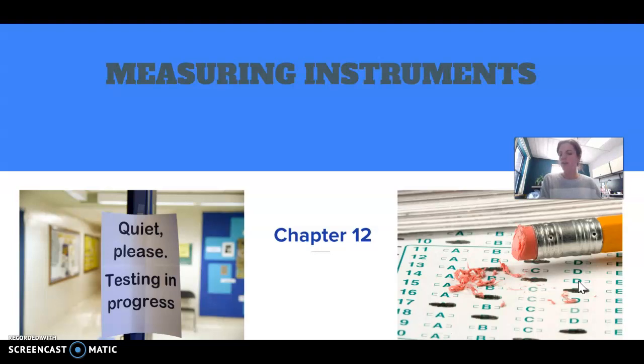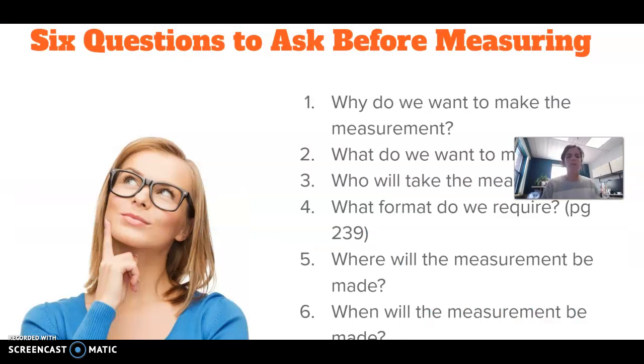All right, so transitioning into our measurement instruments, which is chapter 12. This is one of the shorter chapters, so there's not a ton of specific in-depth content, but it is going to give you some direction on how to craft your measurement.